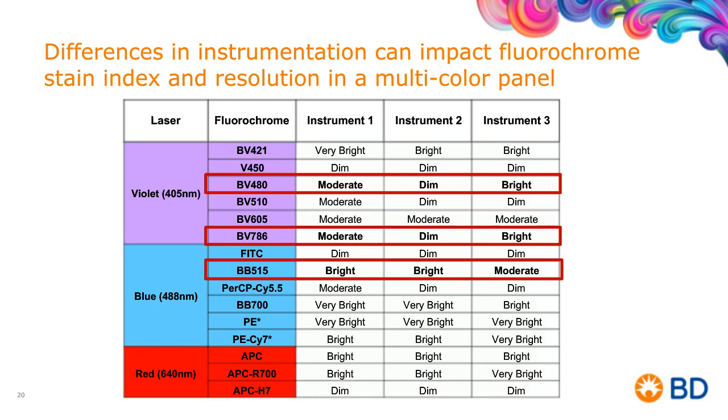Because if the stain indices are considerably different, the pairing of the antibody to the color can have a major impact on how we look at our data. So it's always advisable to design the panel for a specific box.